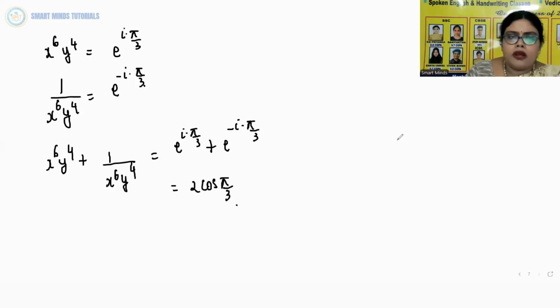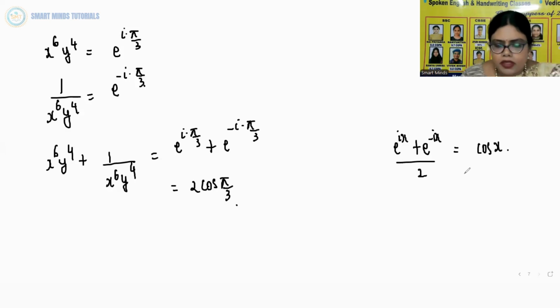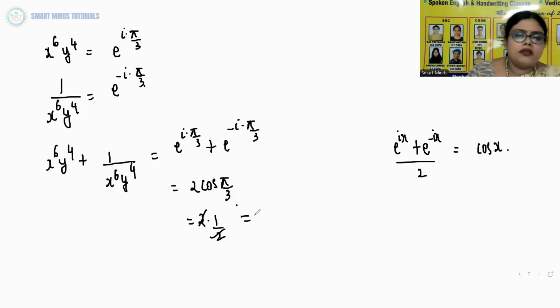This is the formula: e power ix plus e power minus ix by 2 equals cos x. So that is equal to 2 cos pi by 3. Now cos pi by 3 is cos 60, which is 1 by 2. The 2s cancel, you get 1.